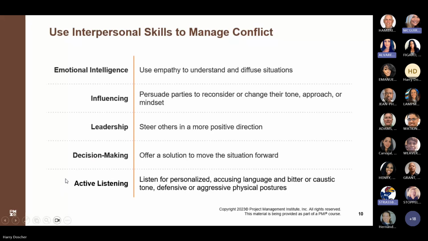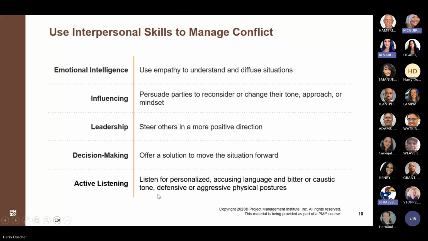To me, having been an agile coach for a number of years, active listening is the first approach that I take. Not that I would take, that I do take. Trying to understand what the conflict is, trying to understand each of the parties, why they feel that there's a conflict.